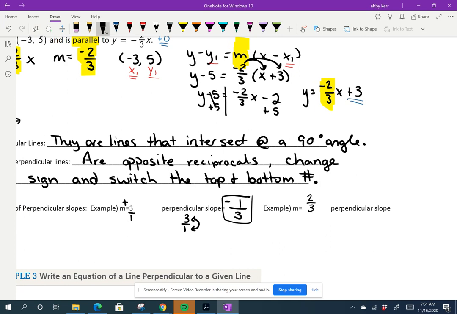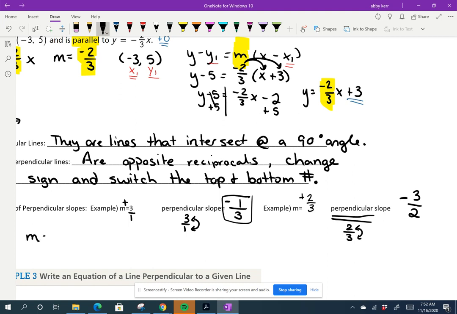Now for the next example, m is 2/3. Notice that it's positive. If we are talking about perpendicular, opposite of positive is negative, and then we would switch the 3 and the 2.